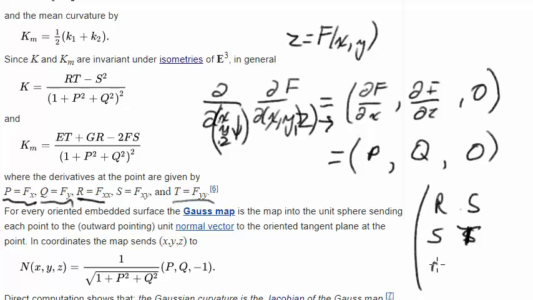And then if we did the z's, they would just fill out with zeros too.